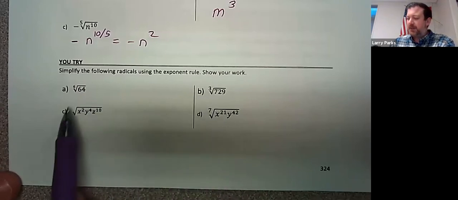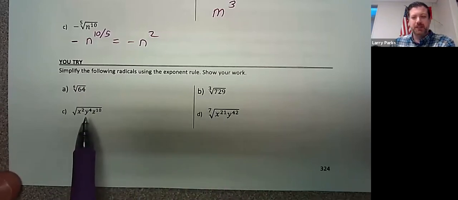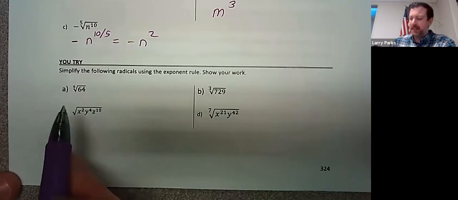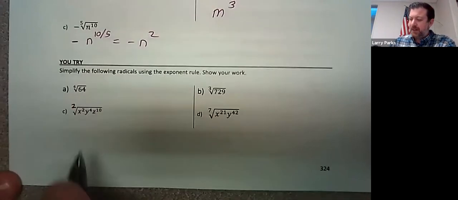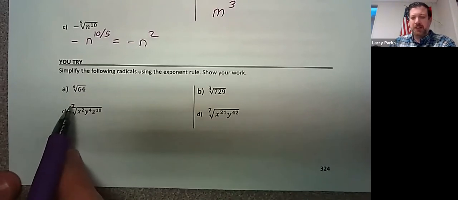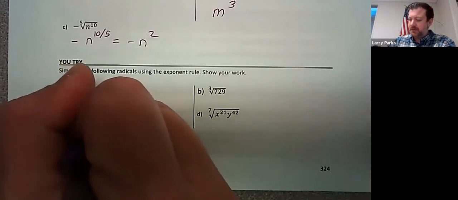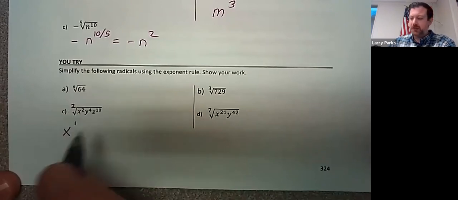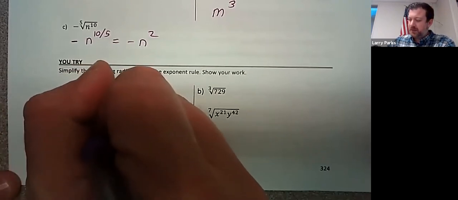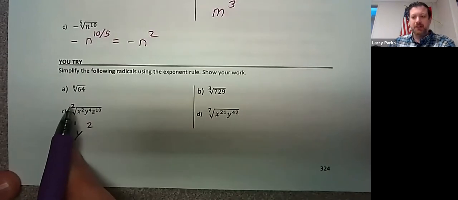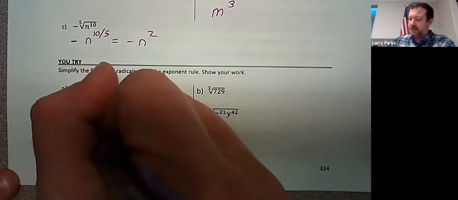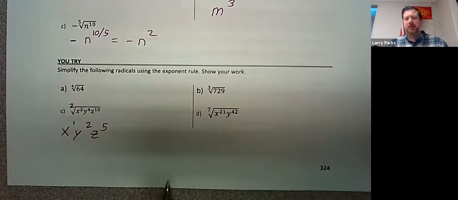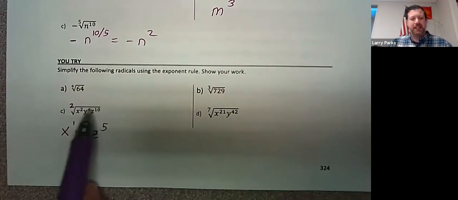We haven't done one with 3 variables, so I'll show this one. What we're going to do is take the exponent divided by the index. So we're going to take 2 divided by 2, that's 1. 4 divided by 2, that's 2. 10 divided by 2, that's 5. You may be thinking, wait, what happens when this is not divisible by 2?